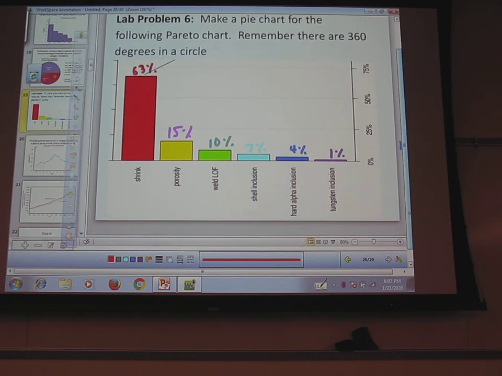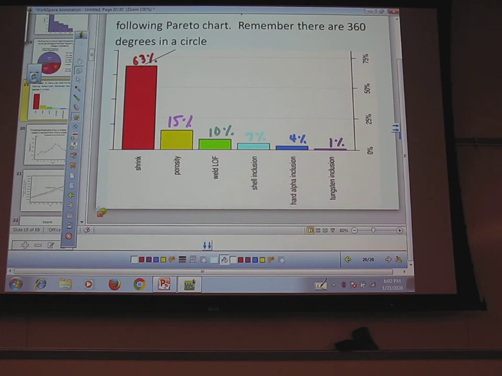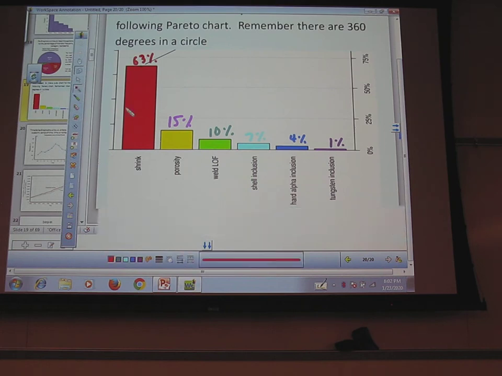Okay. Now, this is what you need to do. You need to figure out the first one, shrink. You're going to multiply some numbers to end up with the number of degrees that should be in that one. And do the same thing for porosity and all the rest.